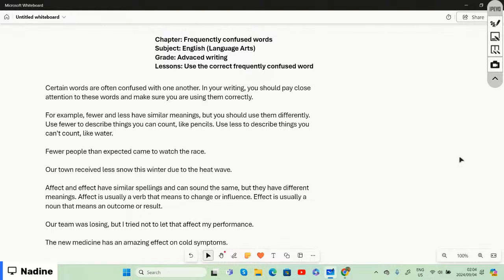We're doing basically grade 8 advanced writing. And the lesson that we are going to be focusing on under the chapter of frequently confused words is to use the correct frequently confused words.